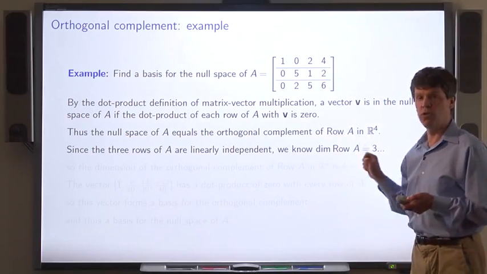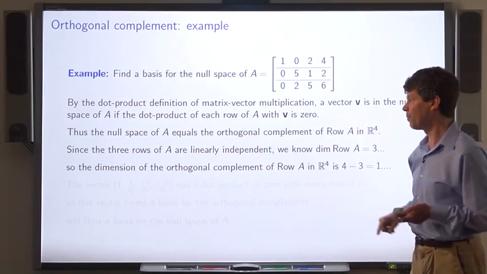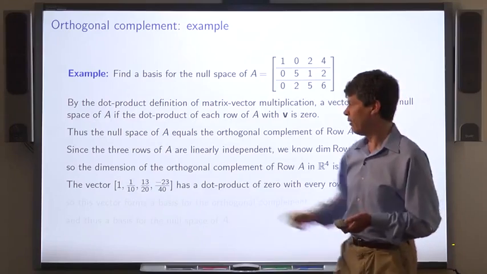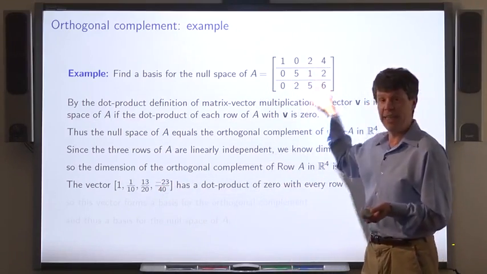Now, these three rows are linearly independent. So the dimension of the row space is 3. We know the dimension of R4 is 4. So the dimension of the orthogonal complement is 4 minus 3, which is 1. And now here's a vector that has a dot product of 0 with each of these rows.